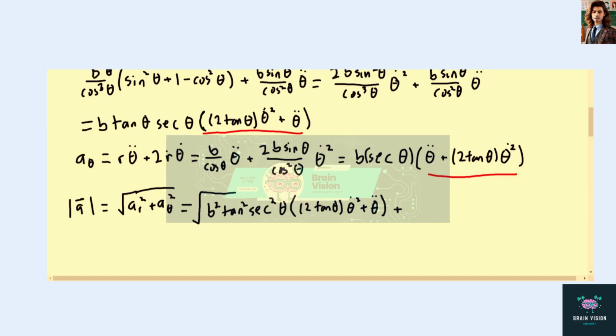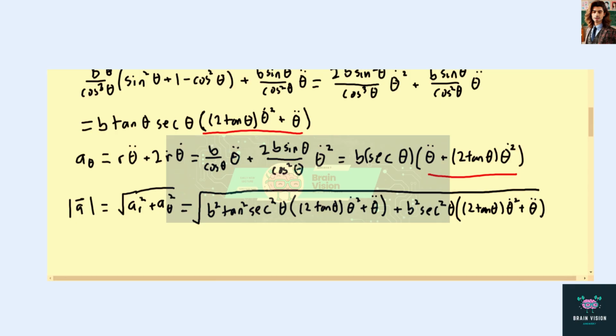Okay, so that's our a sub r, and then our a sub theta squared is going to be b squared secant squared, and then our 2 tangent theta theta dot squared plus theta double dot. Okay, so that's all our square root term.